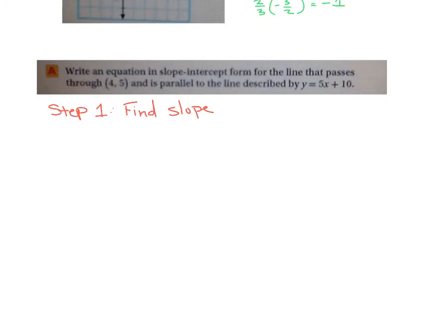So we have the equation y equals 5x plus 10, and we have learned that the slope is the coefficient in front of the x, so m equals 5. Pretty easy. So we also know if we're coming up with a parallel line, the slope has to be the same. So our parallel line slope must be 5.